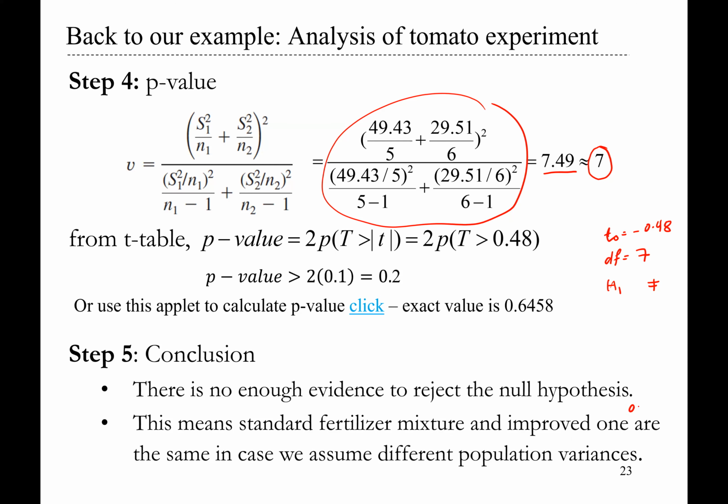You should always mention the significance level, because sometimes if I change it, the decision will change. Any question about testing when we assume sigma 1 square doesn't equal sigma 2 square?